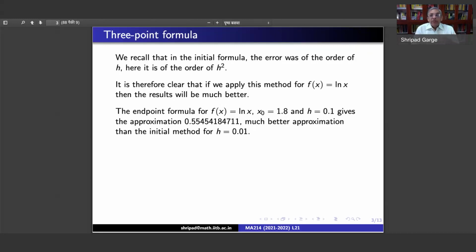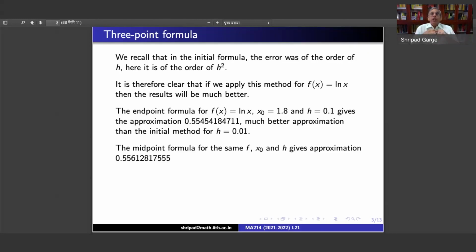Let's go to the midpoint formula for the same f, which is the natural logarithm, same x naught, which is 1.8, and same h, which is 0.1. It gives you this approximation 0.55612817555. This is an approximation on the other side. So if you were to remove this from your actual value, you are going to get a negative value. But in the modulus, the error is better.